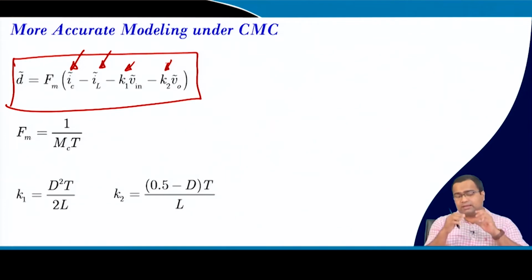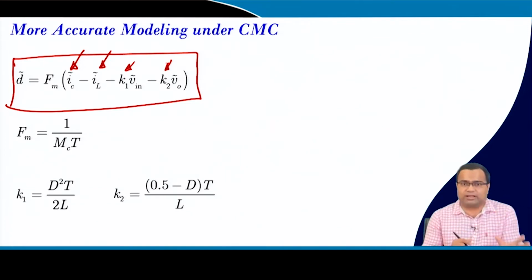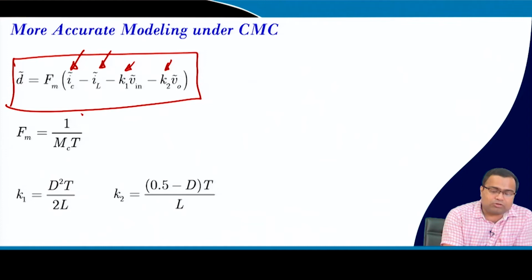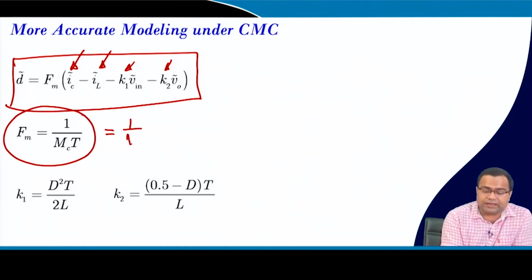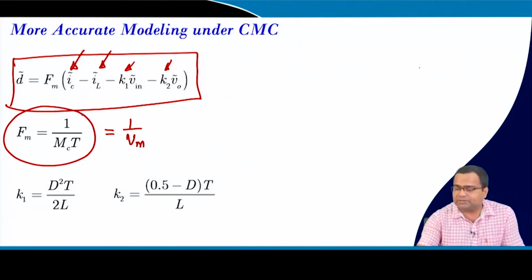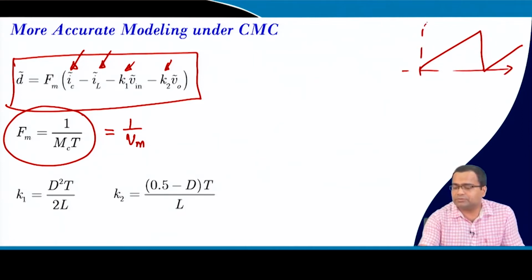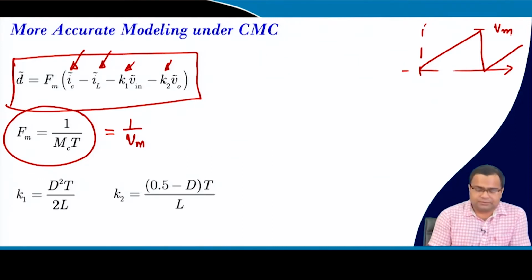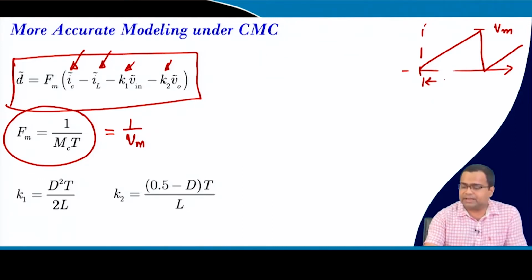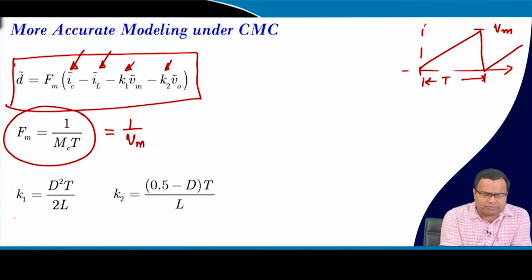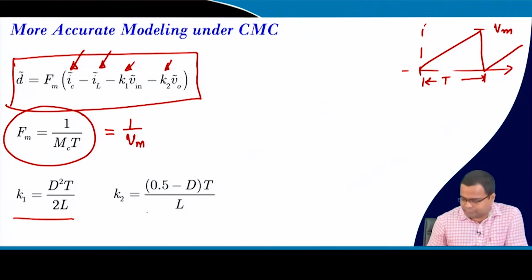Okay? And in this more accurate model, we obtain that the modulator gain is simply 1 by Vm, or Fm equals 1 by Vm. And what is Vm? That means the sawtooth waveform that we are using, it is changing from 0 to Vm for a time period of T. We have also discussed this K1, K2 term.